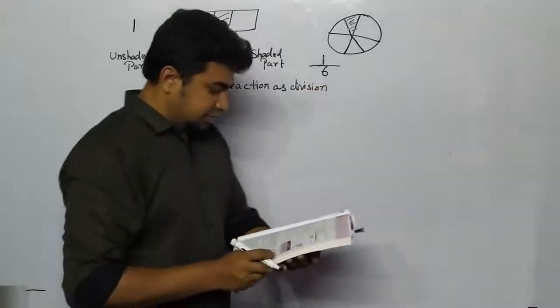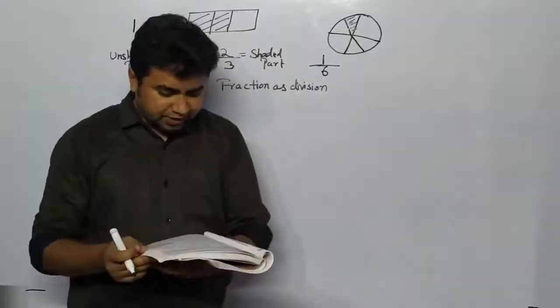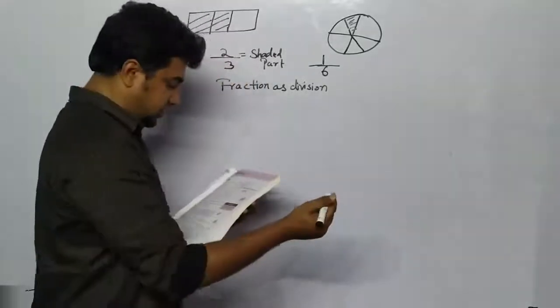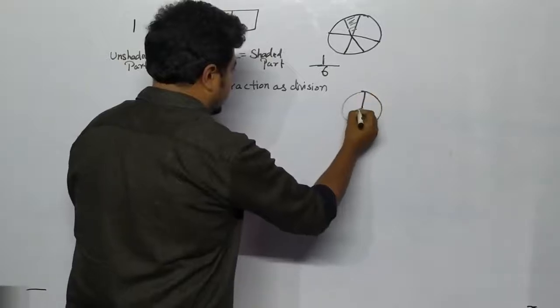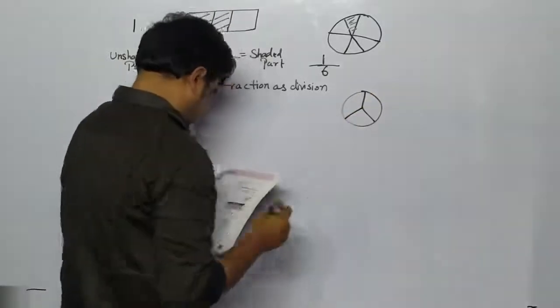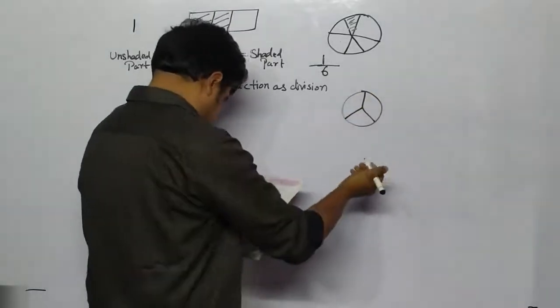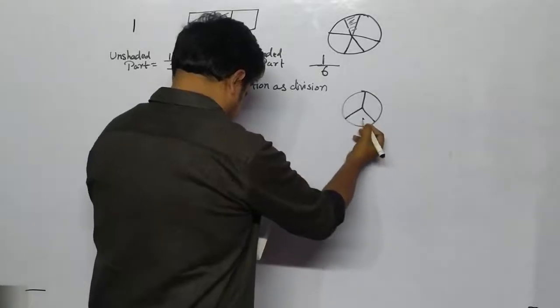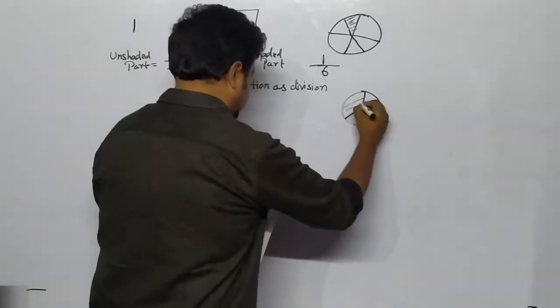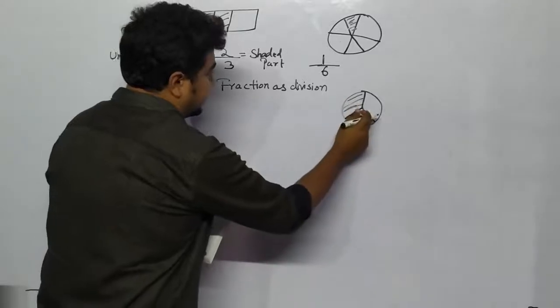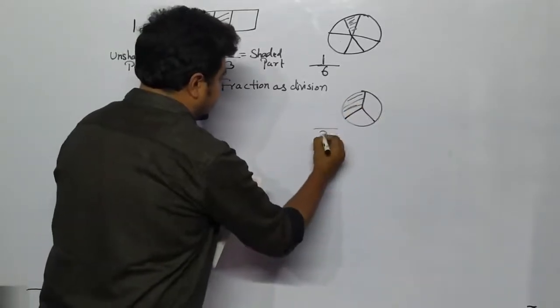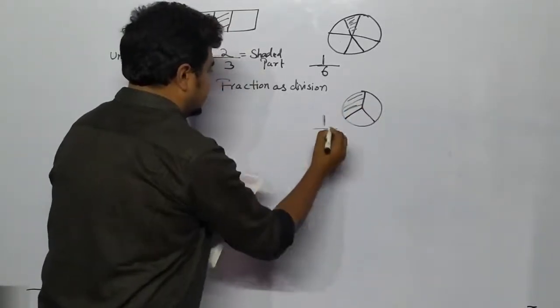You can understand that in figure A, I am drawing figure A. You can write this as, how many total parts are there? 3 parts. 1 by 3.